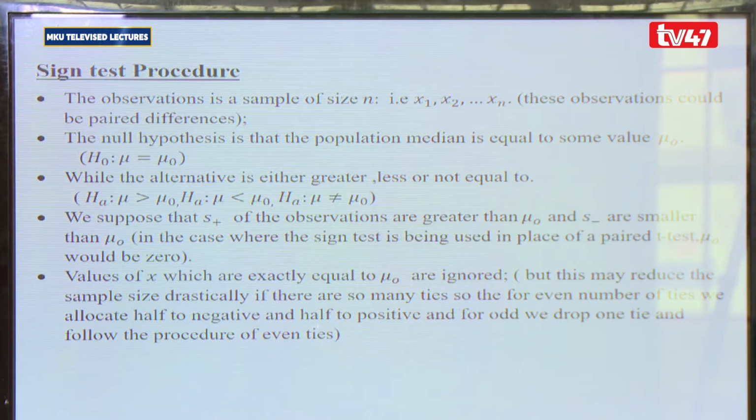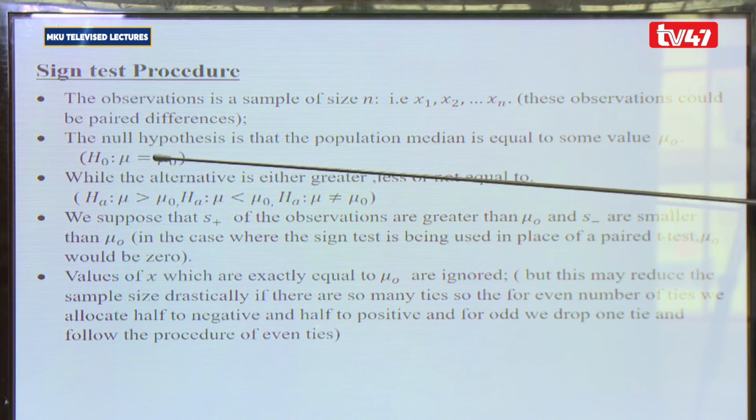In every statistical problem, we have an assertion about a population parameter. So in our case, we are trying to find out whether there is a difference between before and after the tutorial. The alternative is either the median is higher or the median is lower.